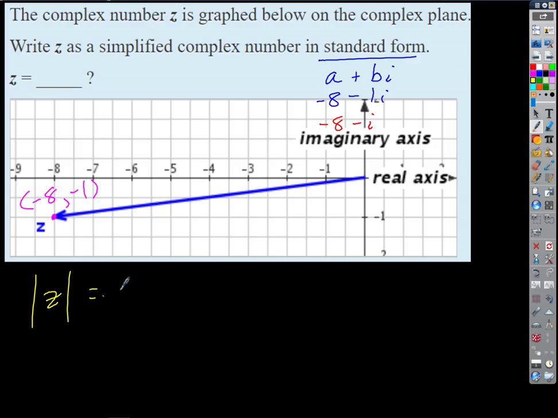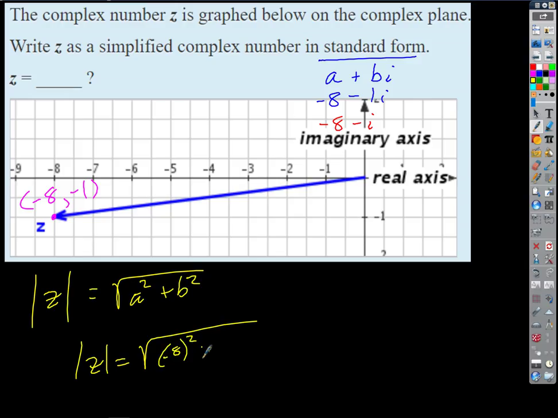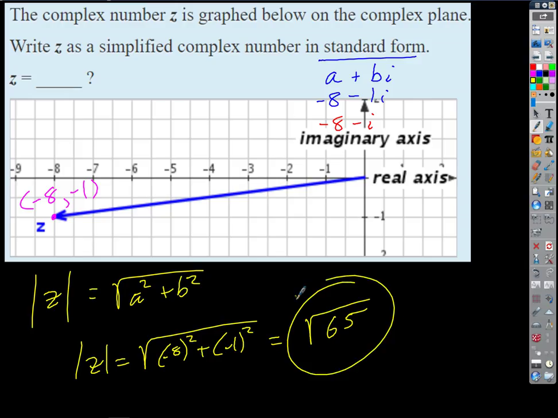You can always use the formula, the square root of a squared plus b squared. We call that the modulus. So the modulus of this complex number z is the square root of -8 squared plus -1 squared, which gives me the square root of 64 plus 1, the square root of 65.